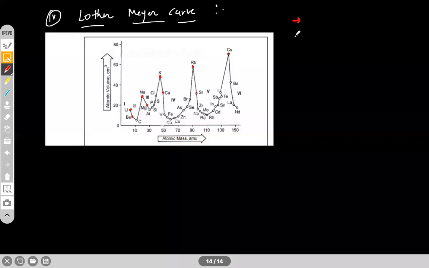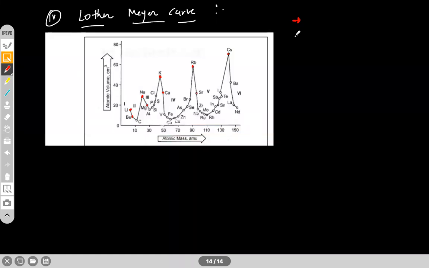This was actually important. This concludes that the physical properties of the elements are periodic functions of their atomic weight. That is what we get from the Lothar Meyer curve, and this becomes the basis of Mendeleev's periodic table.